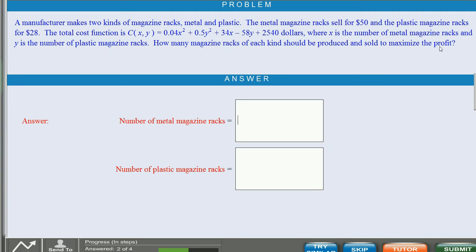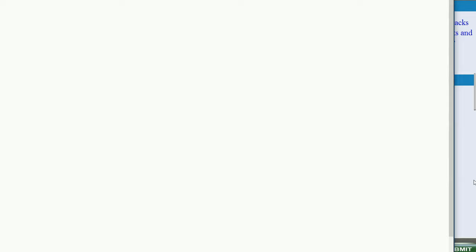So they're asking about profit, but they haven't given us a profit function. They've given us some sale prices and a cost function. So what you need to remember is profit equals revenue minus cost.